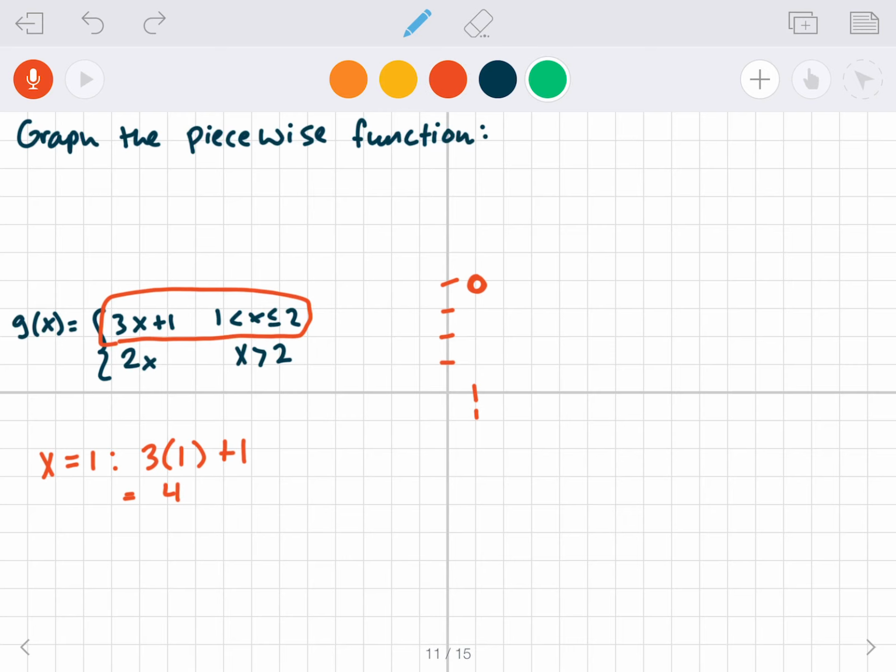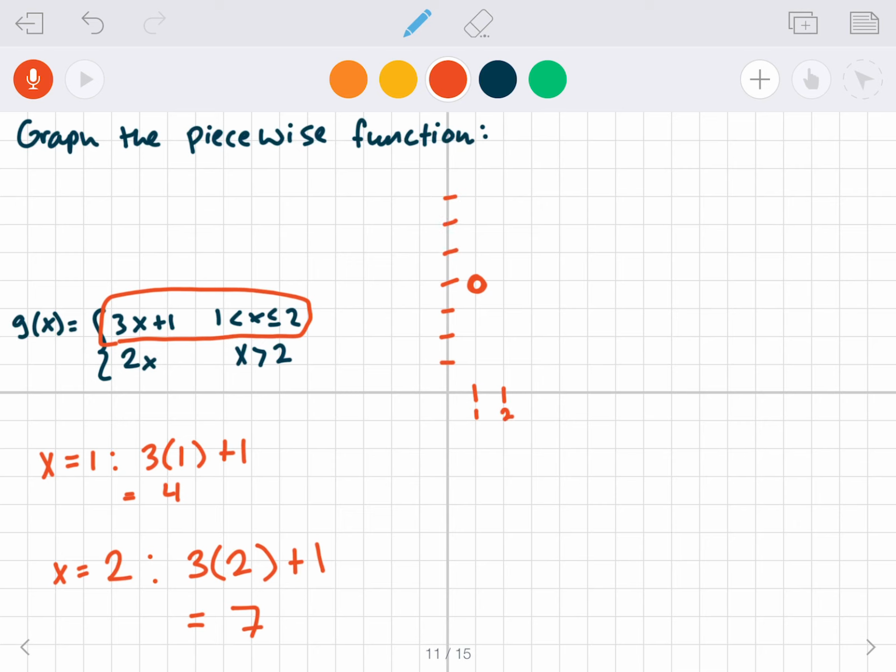So when x is equal to 2, what we have is 3 times 2 plus 1, and that's going to give us 7. So when x is 2, y is 7. 1, 2, 3, 4, 5, 6, 7.